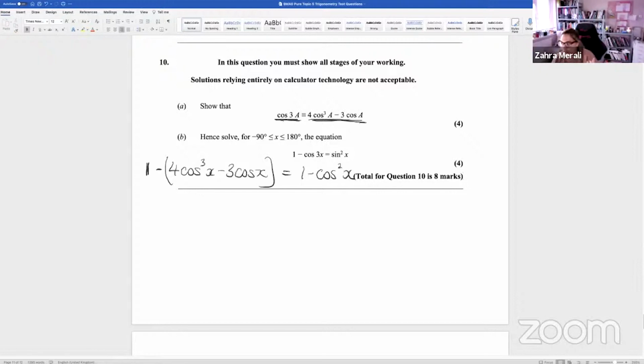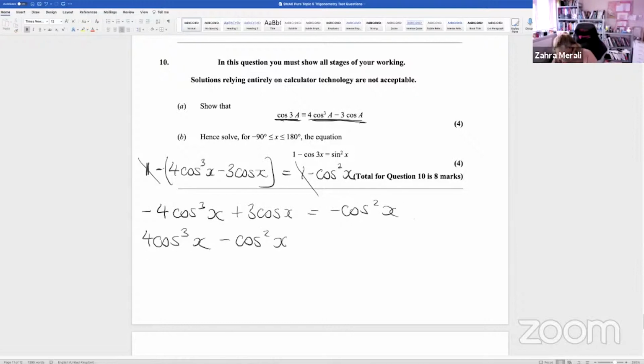I'm going to move everything onto one side. Well, there's ones on both sides. So anyway, we've got minus 4 cos cubed x, those can disappear, plus 3 cos x equals minus cos squared x. Move everything onto one side. 4 cos cubed x minus cos squared x minus 3 cos x equals 0.